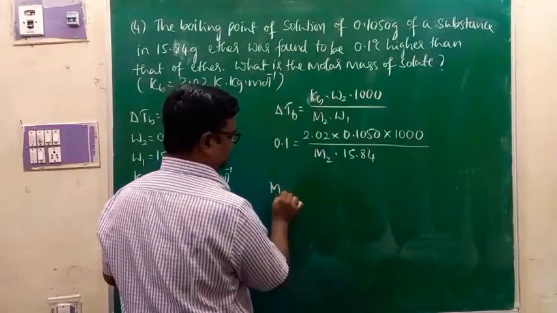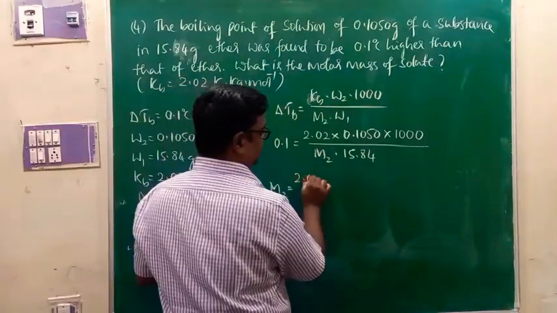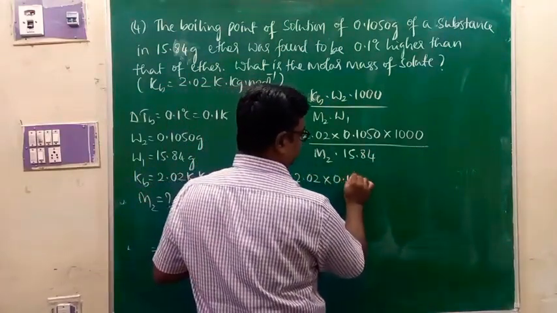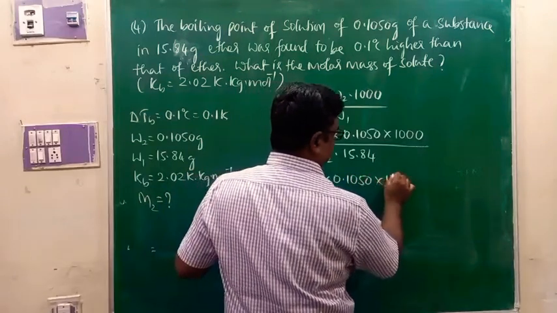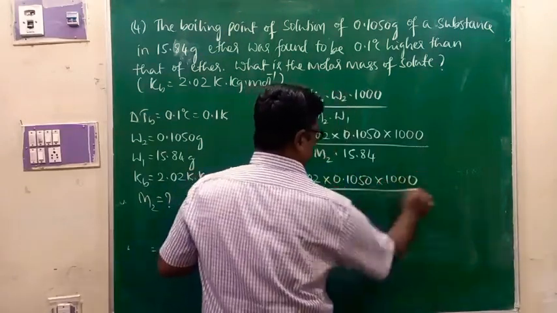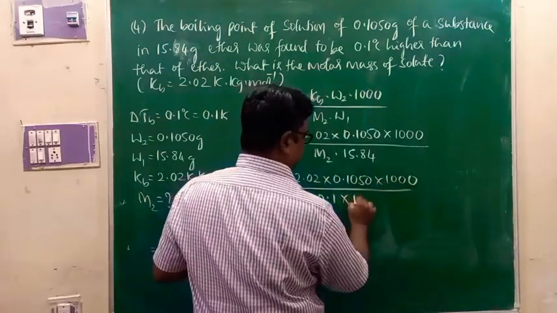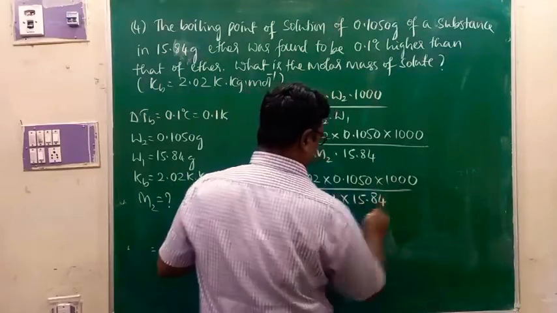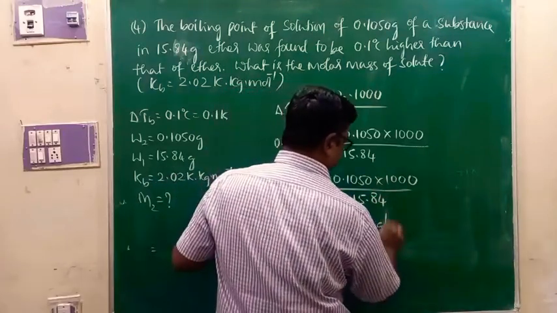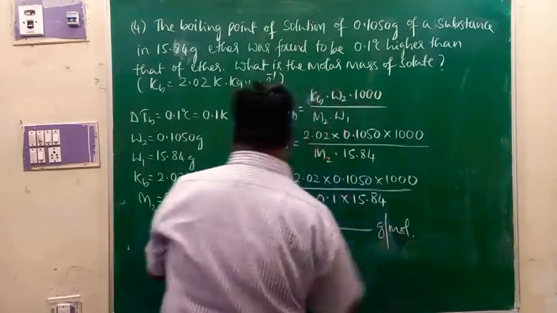Therefore, cross multiply. M2 equals 2.02 into 0.1050 into 1000 divided by 0.1 into 15.84, and it will be in terms of gram per mole.